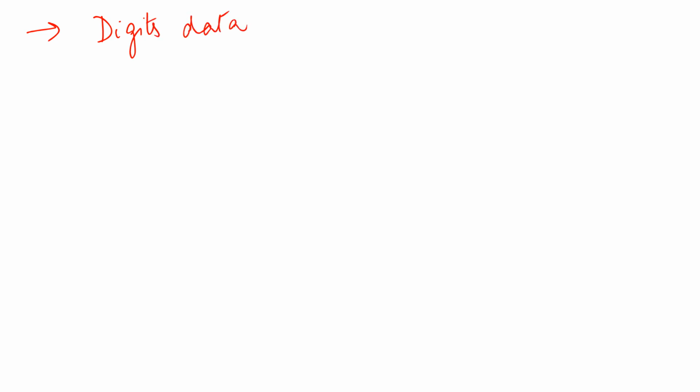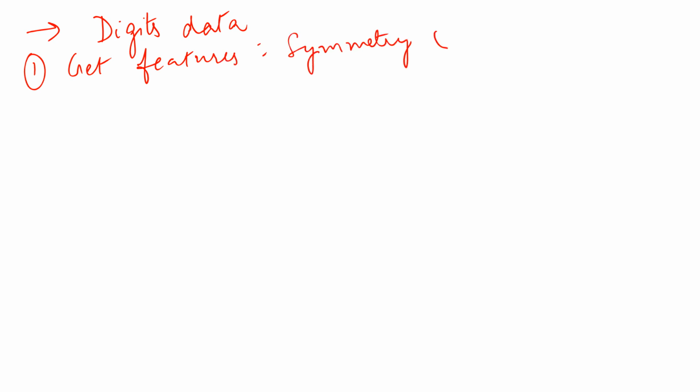The first thing that we'll do is get features, which in our case were symmetry and intensity. Then for the classification problem, most likely I'll be using PLA or the pocket algorithm, depending on how I want to proceed. Most likely this is the perceptron learning algorithm.